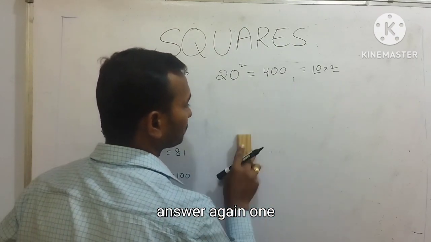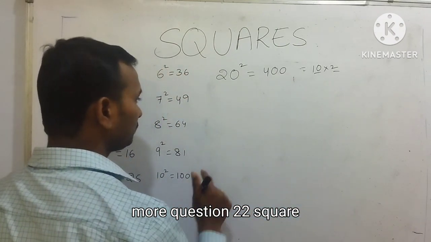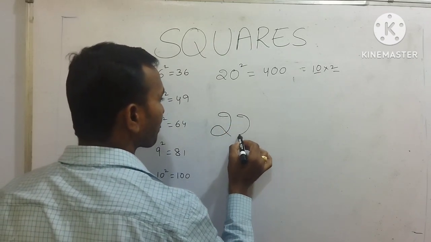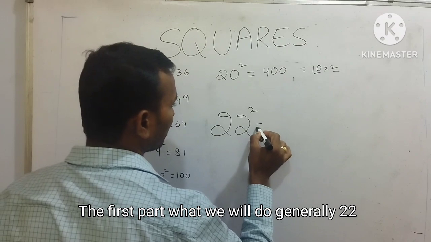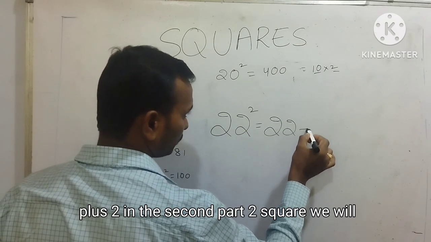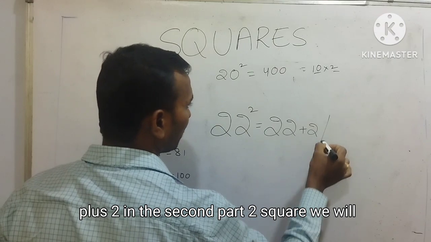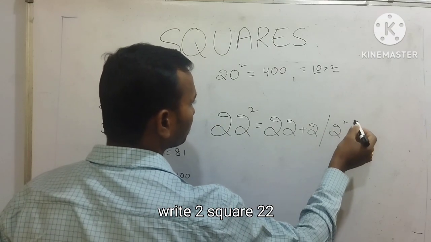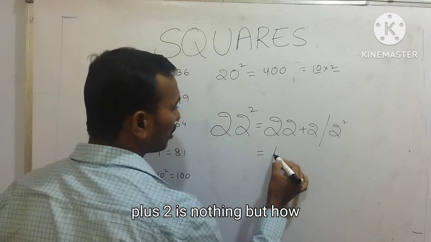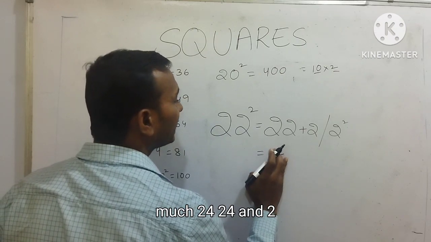Again, one more question. 22 square. For the first part, we generally do 22 plus 2. In the second part, we write 2 square. 22 plus 2 is nothing but how much? 24.